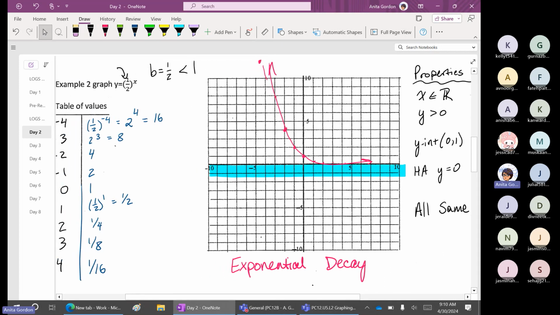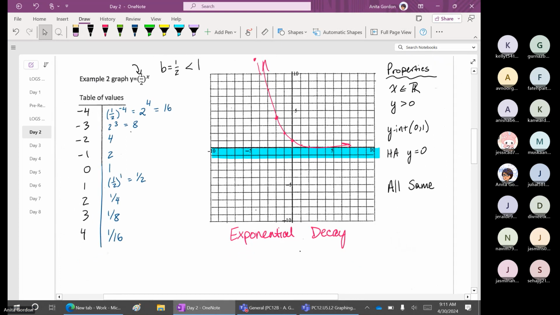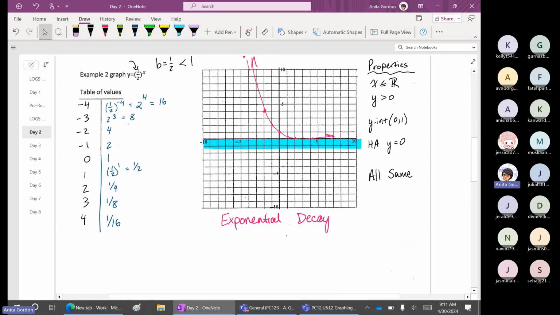So just down at the bottom of our page, I want us to compare the differences between the two equations that we just looked at. y1 was 2 to the power x, and y2 in example 2 was 1/2 to the power x.